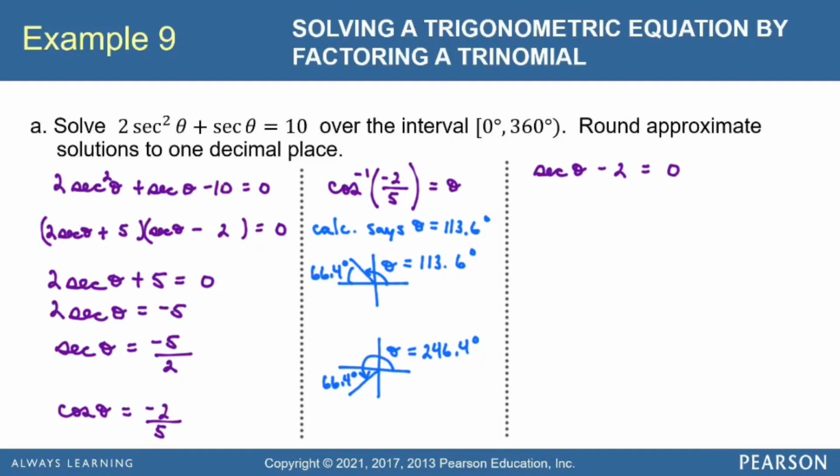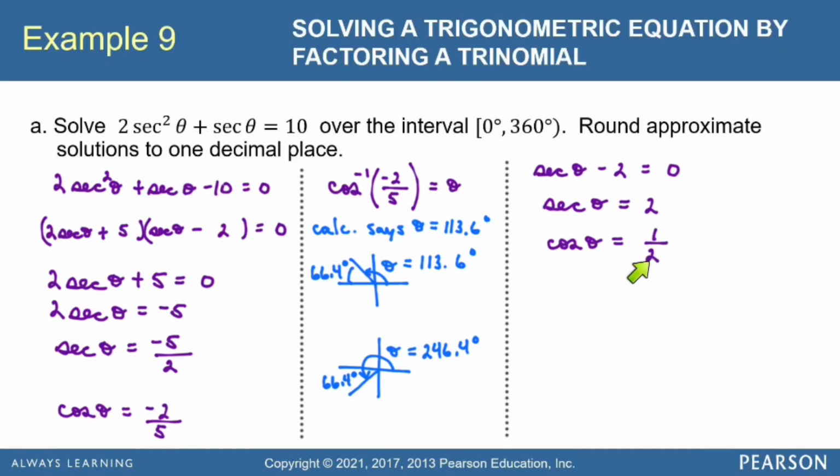And so secant theta minus 2 could also equal 0. And that would mean that secant theta equals 2. And of course we want to switch into cosine form here. So if secant theta equals 2, then cosine theta equals 1 over 2. And this is one of our memorized cosine values.